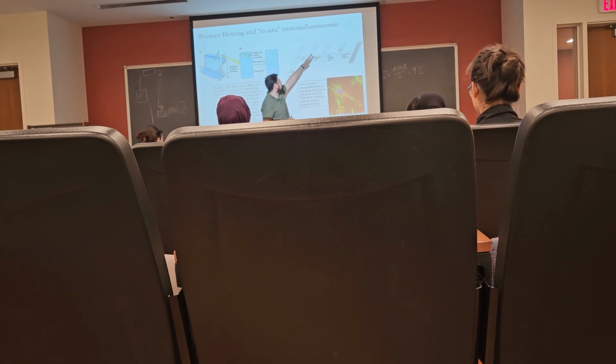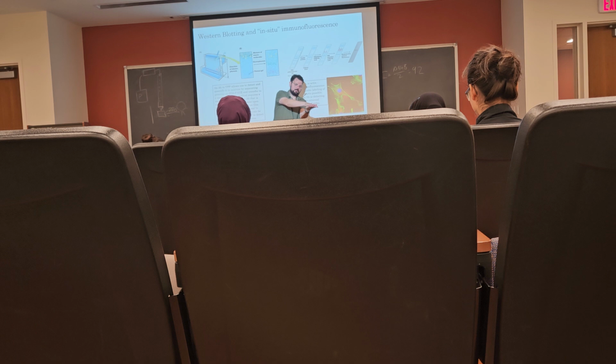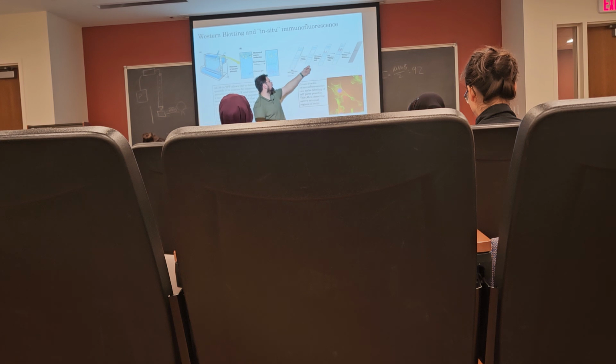So when we transfer the proteins over, we just stack the nitrocellulose sheet under the polyacrylamide gel, and we just transfer everything down, through the gel onto the nitrocellulose sheet, so we get exactly the same pattern of proteins as what we started with. To this now we add our antibody. Our antibody is going to recognize our protein, right?